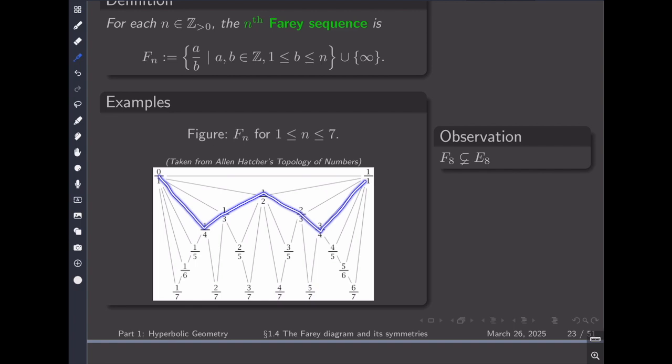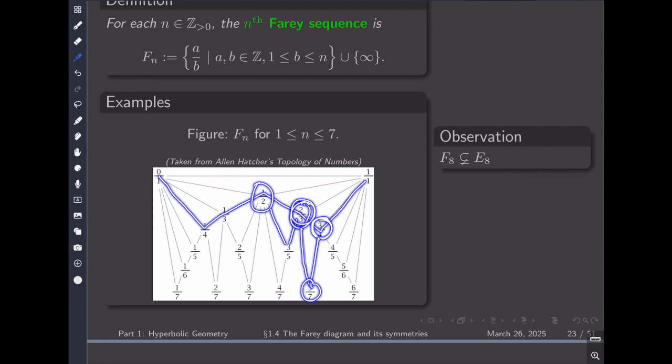Now, something to notice is that these two are in the fourth Farey sequence, and their naive sum is in the next one. But for instance, this one and this one are in the fourth Farey sequence, but their naive sum is not in the next one.